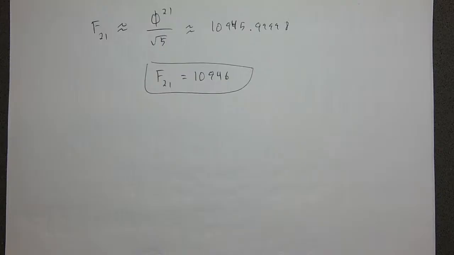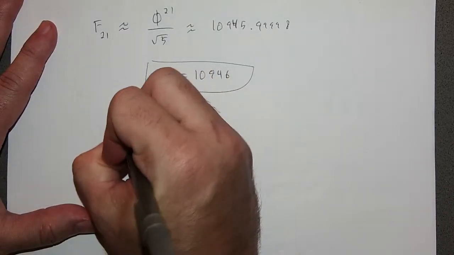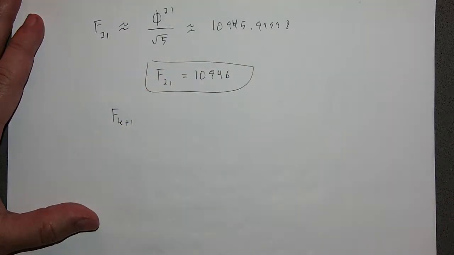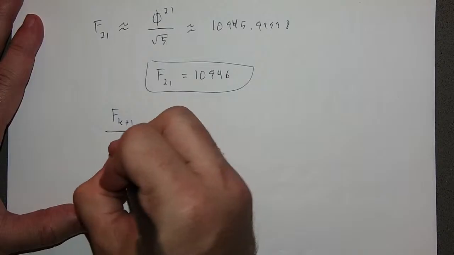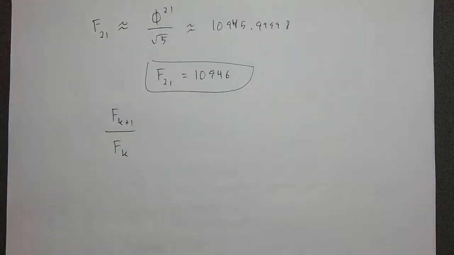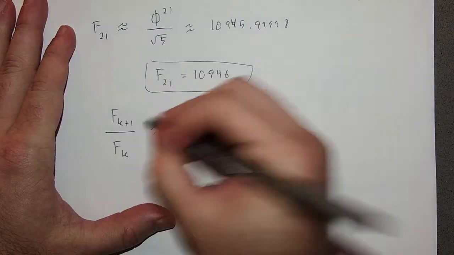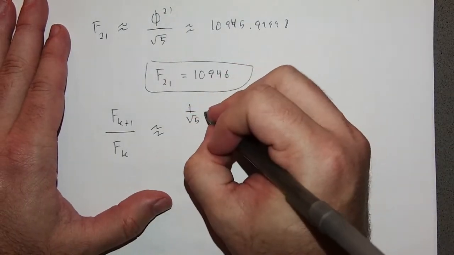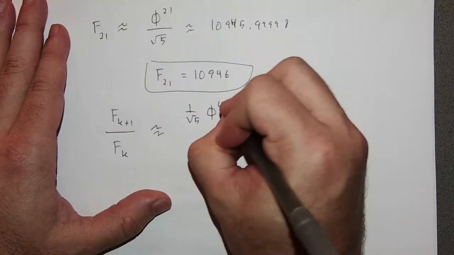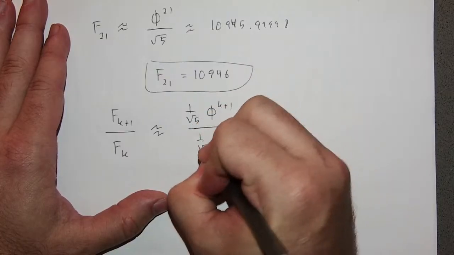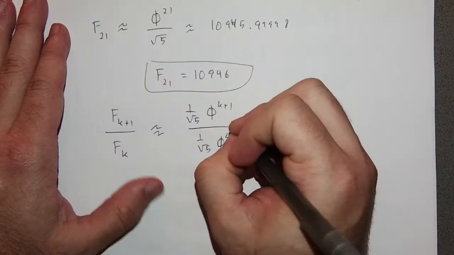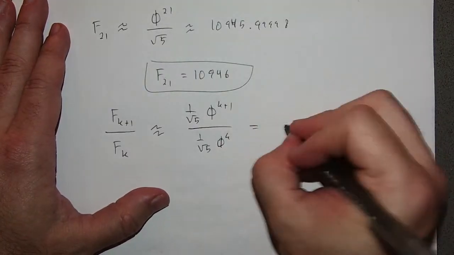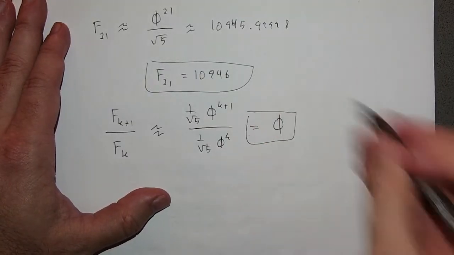So the other thing that this tells us is that for this Fibonacci sequence, if I look at the ratio of the k plus first term to the kth term, what I get, for large k, is 1 over root 5 phi to the k plus 1 over 1 over root 5 phi to the k, so that this is phi. What does this say?